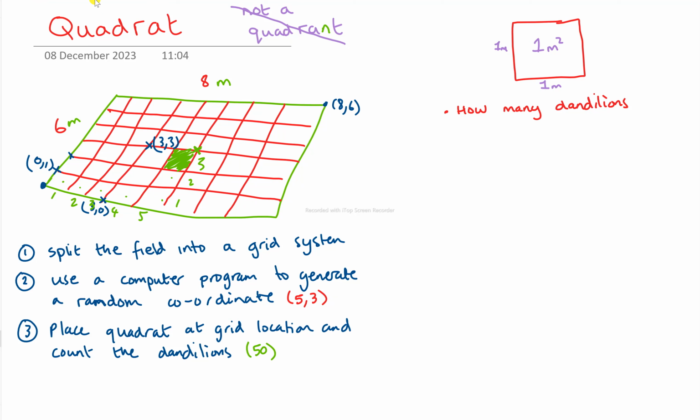Then, to make the test fair, I'm going to repeat it. Just say for argument's sake, 2 more because it's going to make it easier for us, but really you need 9 more grid locations. Let's make it properly fair.